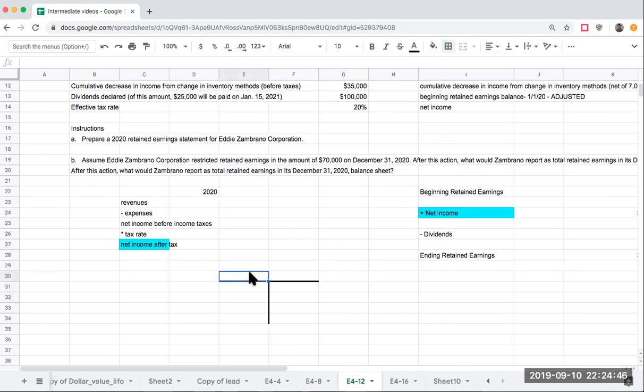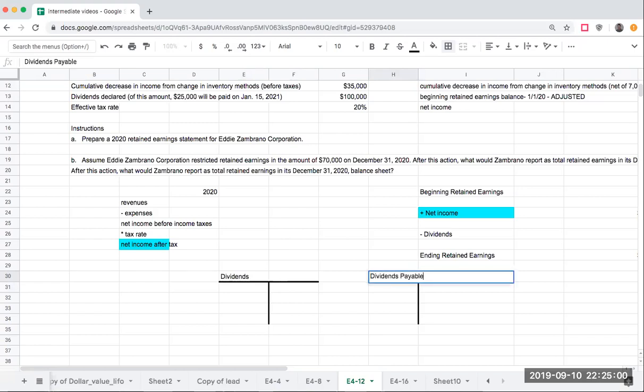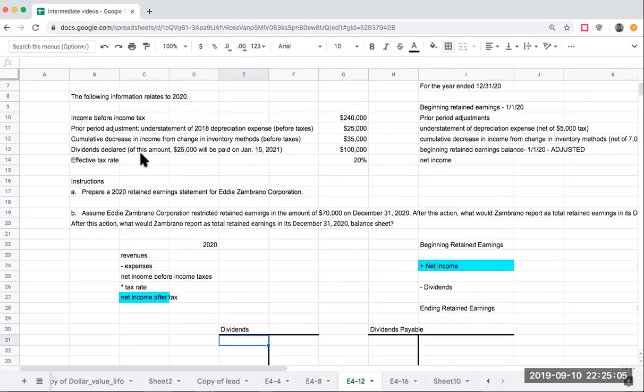When I'm recording dividends, I'm going to be debiting dividends and crediting dividends payable, okay? So it doesn't really matter if I'm paying the cash out in the future.